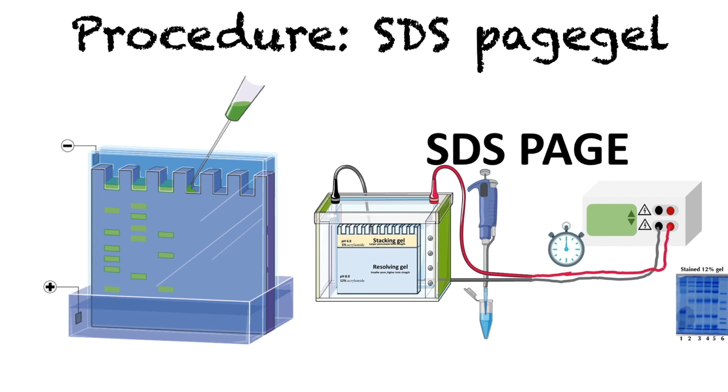However, the running procedure and visualization procedure are similar. We use the same gel doc and the same software to visualize the image. The only thing we change is our gel type and stain on the software. That's all. Everything is similar. And this much for today.